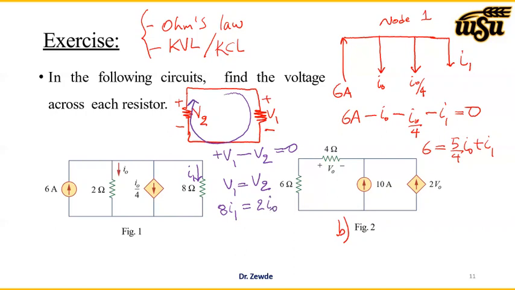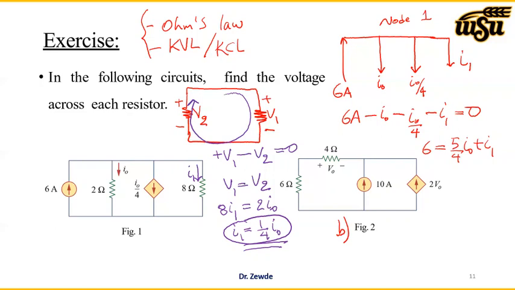If you use this, I1 will be 1 over 4 times I0. So now we determine the relation between I1 and I0. I can use this relation to simplify this one.